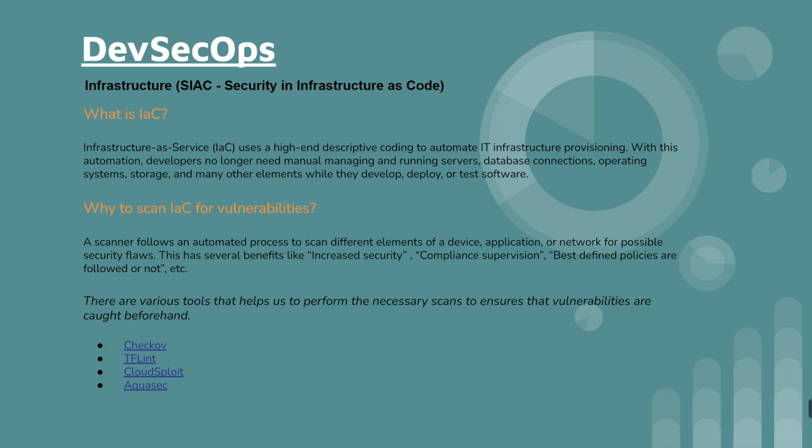And I have mentioned a few tools like Checkov, TFLint, CloudSploit, and Aquasec. Personally, I have experience with Aquasec. I have done the end-to-end implementation of Aquasec, where I have automated the entire steps.